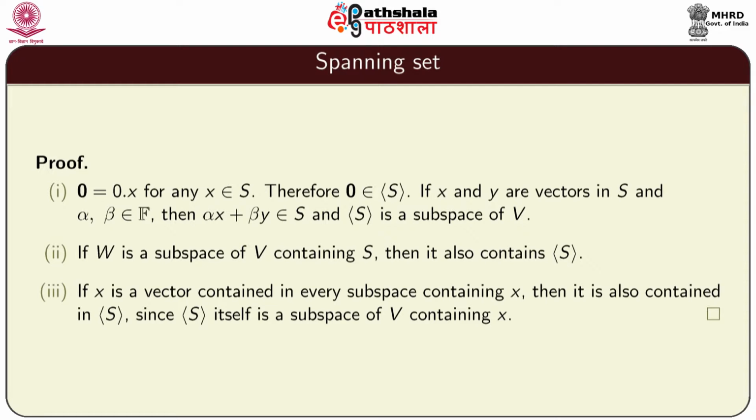Suppose X is a vector which is in the intersection of all subspaces containing S. That means X is a vector which is contained in every subspace containing S. Therefore, it is also contained in the span of S, since span of S itself is a subspace of V containing S. Therefore, span of S has to be the intersection of all subspaces which contain S.